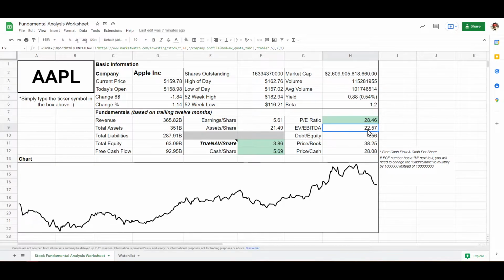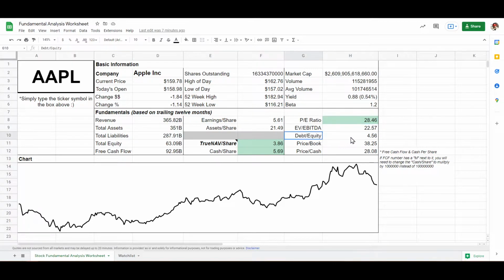And so everything in this column right here, before I explain the rest of this, everything in this column will turn green if the particular item that it's calculating is within a certain threshold that demonstrates the value of that company, or the relative inexpensiveness or expensiveness of the asset. So just want to mention that, right?